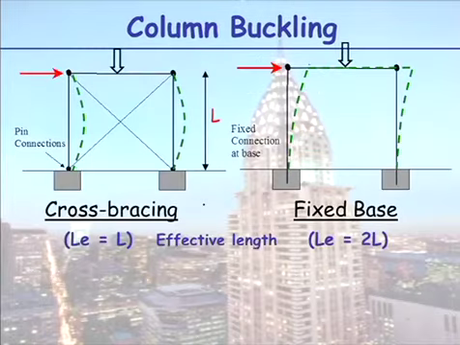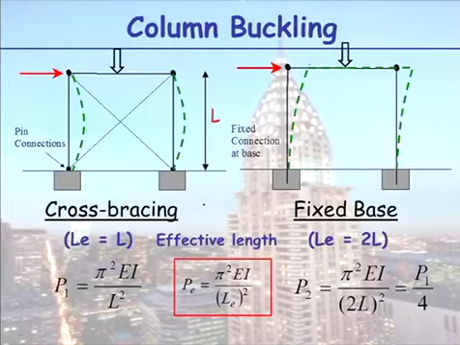So based on that, if you plug into your formula, you'll see the buckling capacity of these columns here is 1/4 what it is in the cross-bracing case. So if you have to provide lateral stability by a fixed base, your columns have to be bigger.